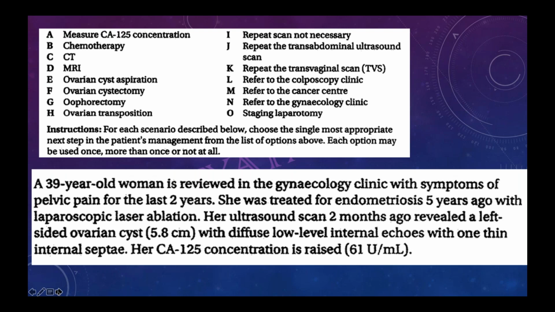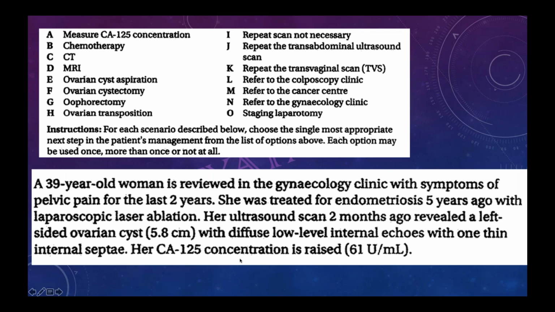Here we can go for CT scan, ma'am? No, for MRI. If we see an ovarian mass and want a better picture, then we will do MRI. This is written in the postmenopausal guideline also.